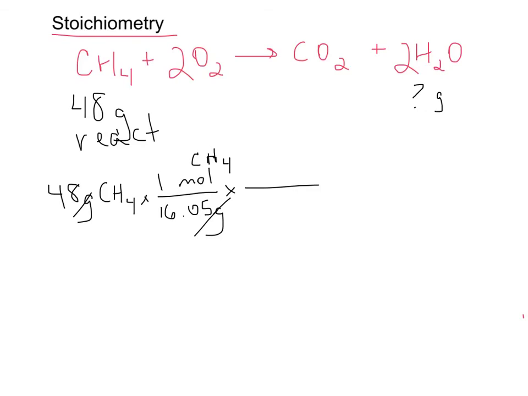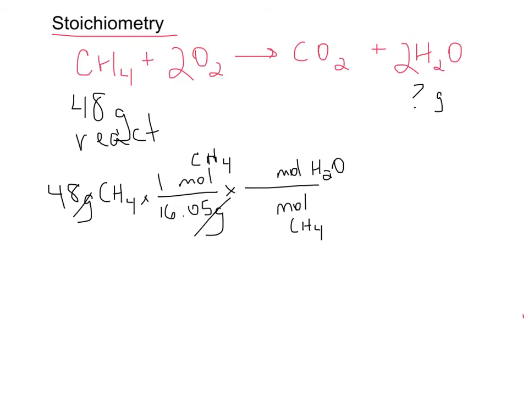So now I'm in moles of CH4. You can convert from moles of CH4 to moles of H2O using our stoichiometric coefficients, our numbers in front. Those are your mole ratios. I want moles of CH4 on the bottom because I want them to cross out, and I want moles of H2O on the top. So what are our numbers in front?